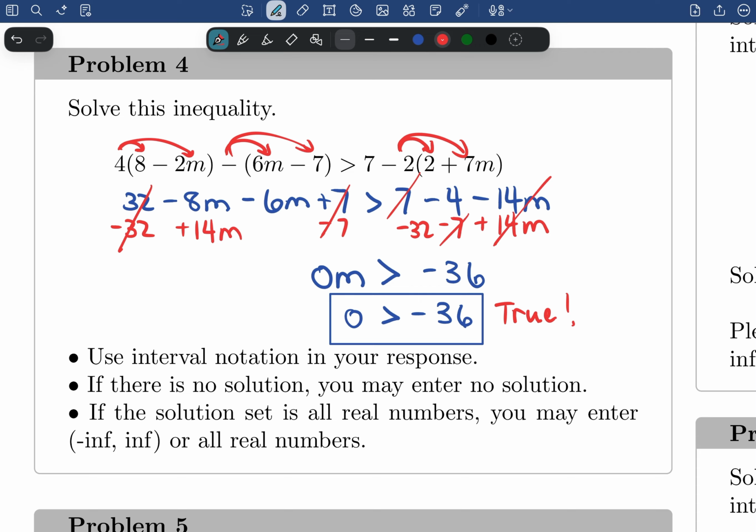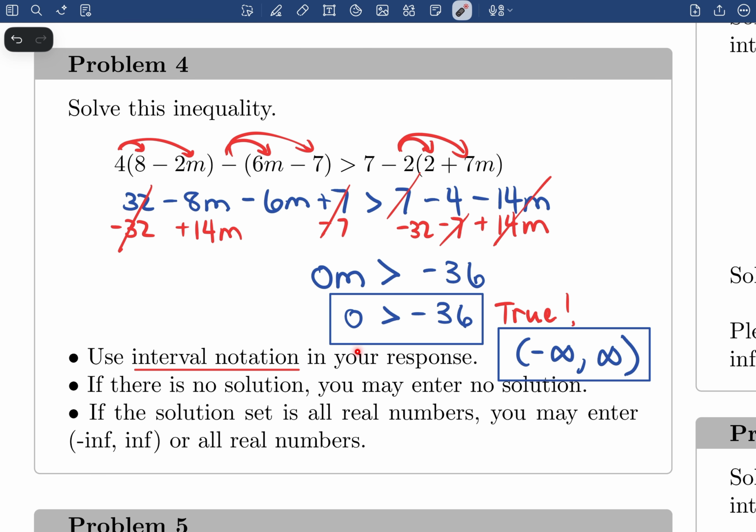Now, the way that you do that in interval notation is you start at negative infinity and you go to positive infinity. And this is the interval notation for all real numbers. Now, once again, if the answer was false, like it wasn't a true statement, then we would have said that there were no real numbers in the solution.